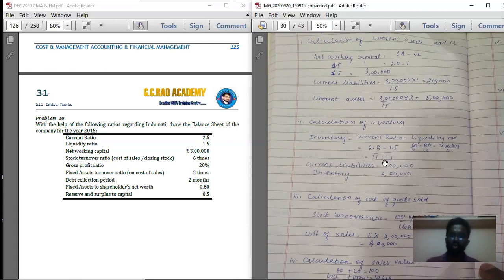So inventory ratio is 1:1. If current liabilities is 2 lakh, inventory is also 2 lakh, because whatever the current liabilities value is, inventory is the same. So inventory is equal to 2 lakh.